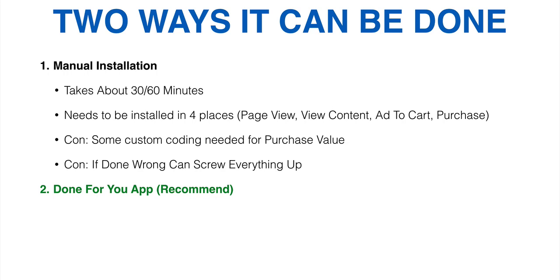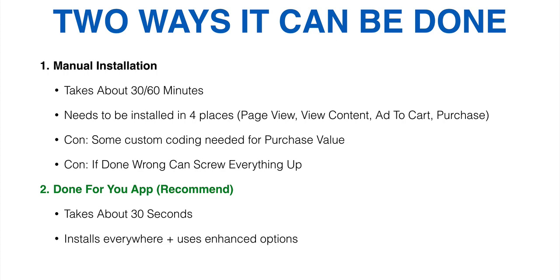And it will basically put the pixel on your website for you everywhere it needs to be with 3 clicks. All right, so this way takes about 30 seconds, and it installs your pixel everywhere on your store, and it uses all of the enhanced options where you can see your purchase revenue, all that stuff. So I highly recommend it.